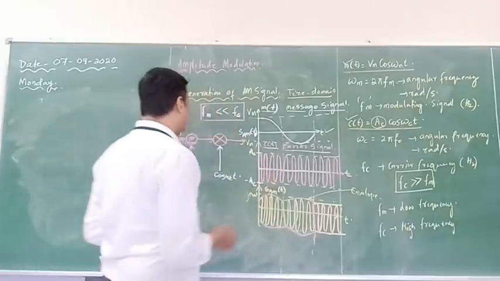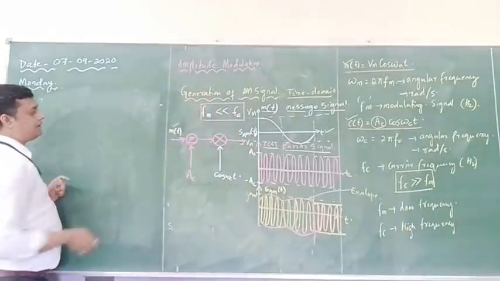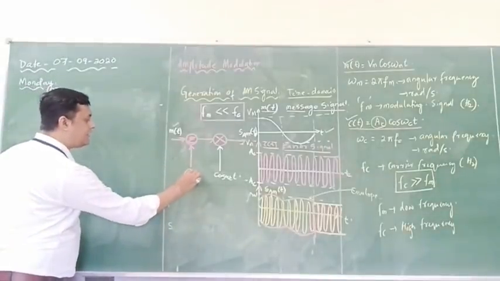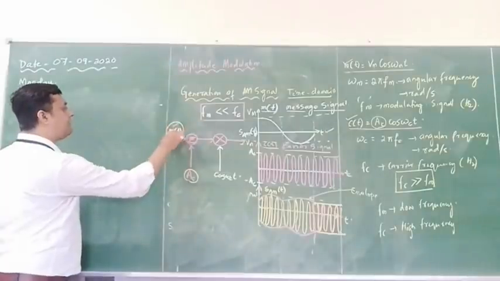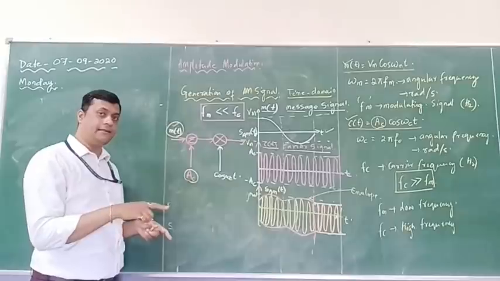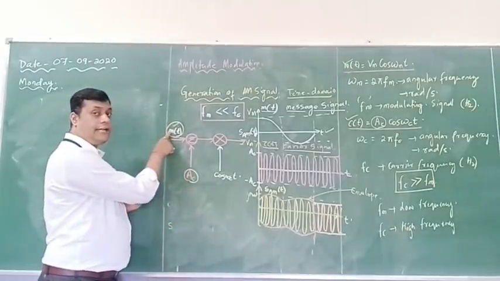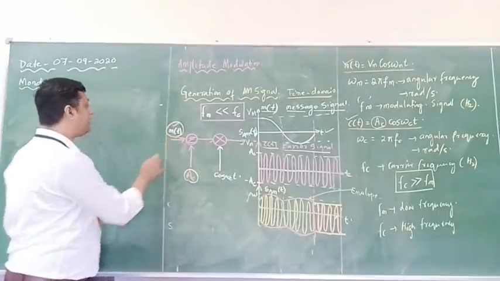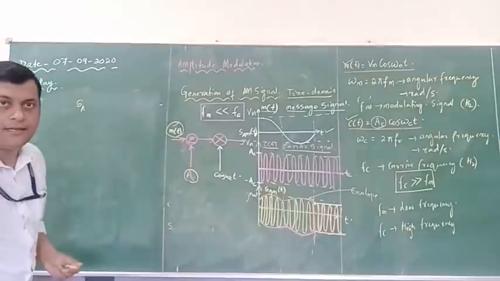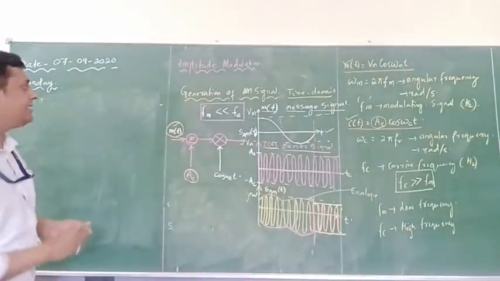Okay, let's see. According to this figure, AC is going to be added with m of t. That means the amplitude of the carrier is going to change with respect to the modulating signal. So I am writing S suffix AM of t, which is called the modulated signal.